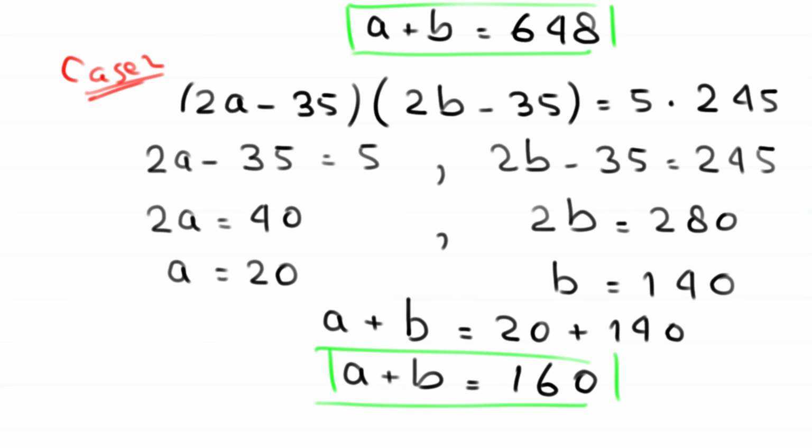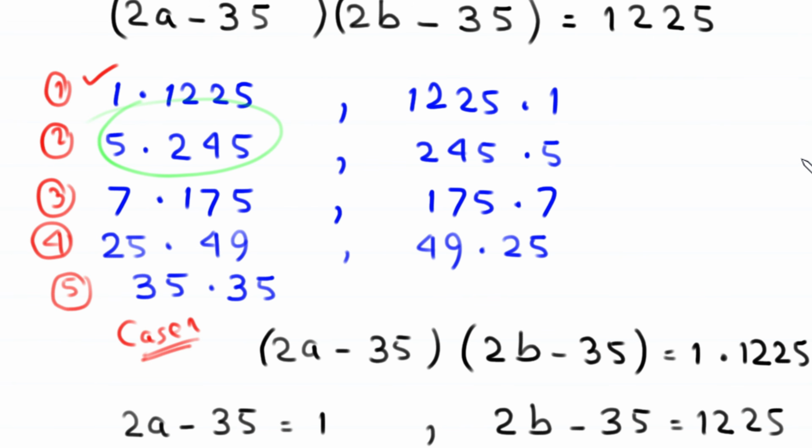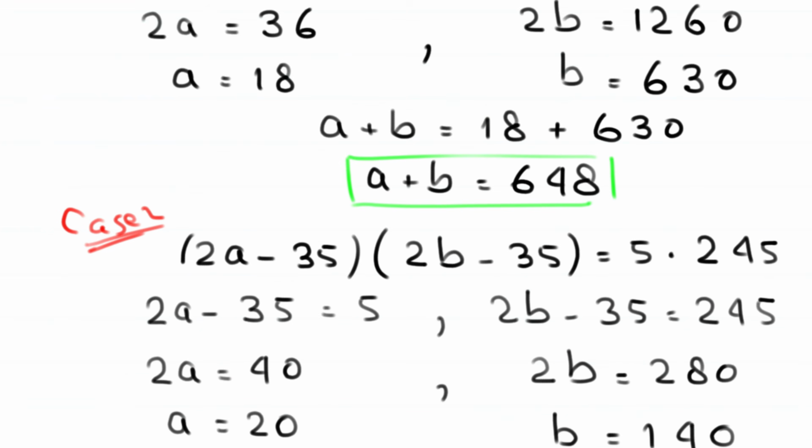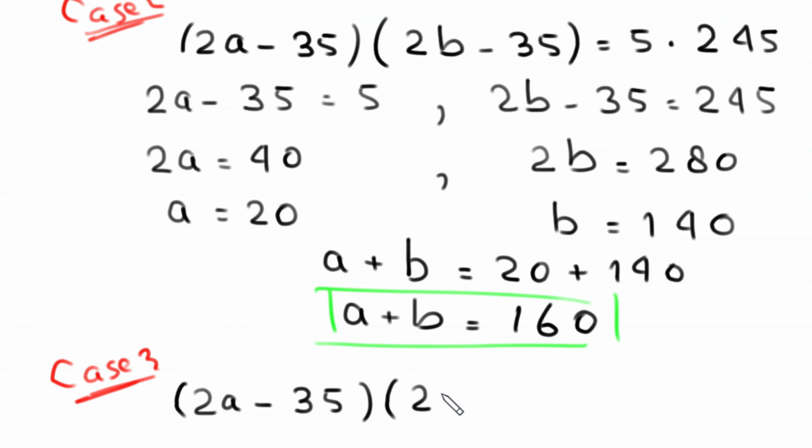Now we move on to case number 3. In case 3, we have 7 times 175. We write these factors: 2a minus 35 times 2b minus 35 equal to 7 times 175.